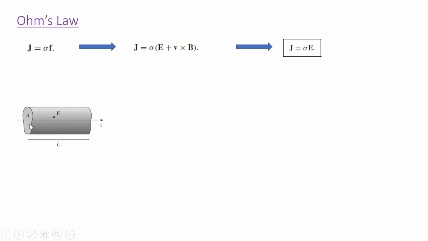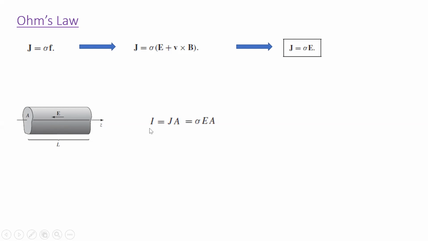Suppose we have a wire with a cross-sectional area A and length L, and we apply an electric field to the left, which will cause electrons to flow to the right. So we'll have a current of electrons moving to the right, and the current will be moving from right to left. The size of the current will be equal to the current density, which is the current per area, times the cross-sectional area.